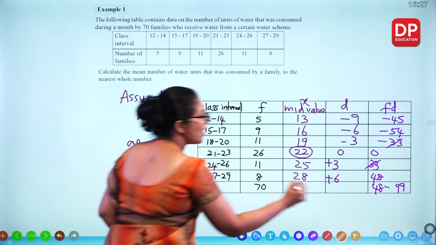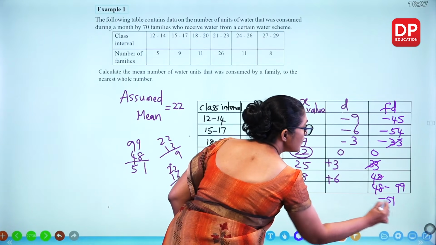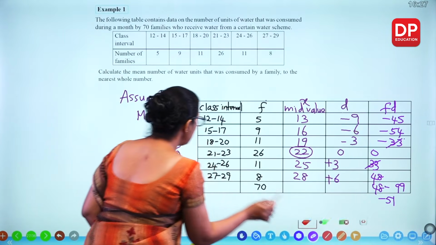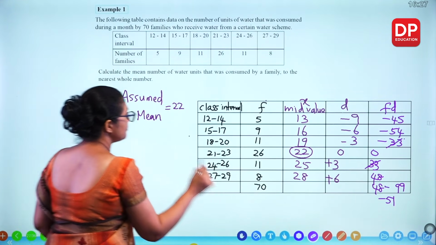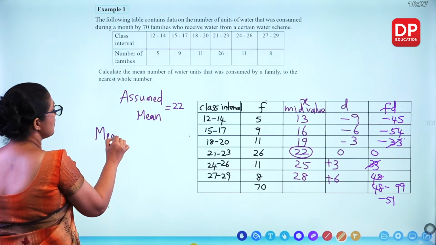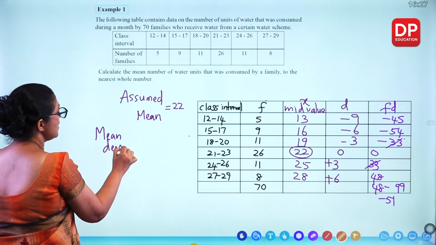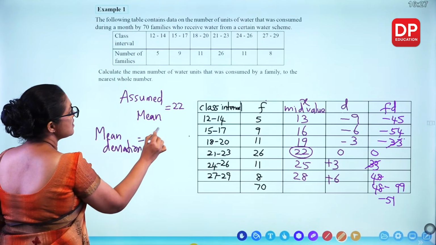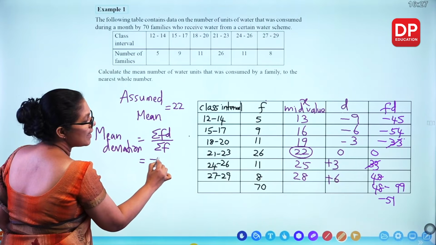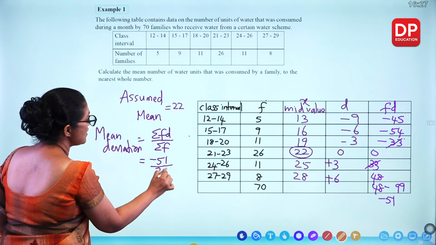Minus 51. So what's the mean deviation? Mean deviation is sigma FD over sigma F, minus 51 over 70.